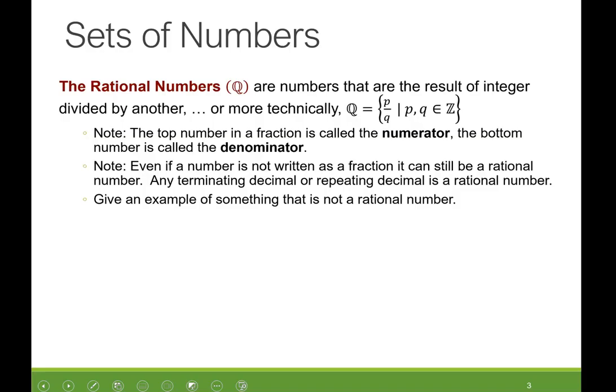Close, what's special about it is that it terminates, right? It doesn't go on forever. If the decimal terminates, you can write that thing as a fraction, because all you have to do is write it as a number over some power of 10. Like 0.123, you can write as 123 over 10 to the third, right? As long as that decimal terminates, it's a rational number.